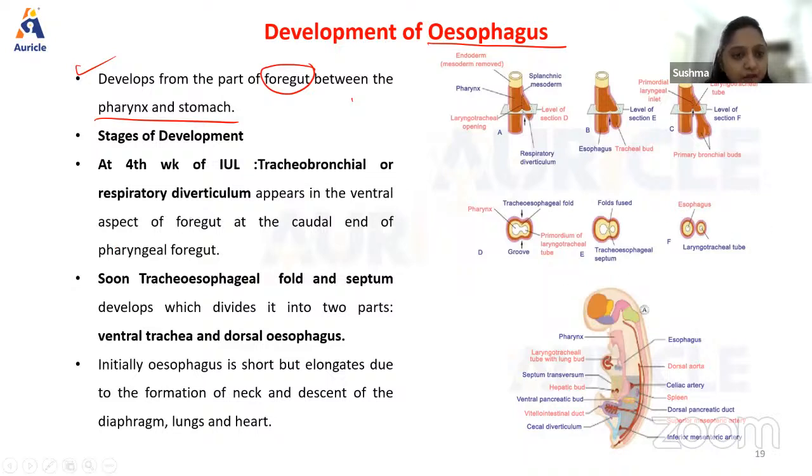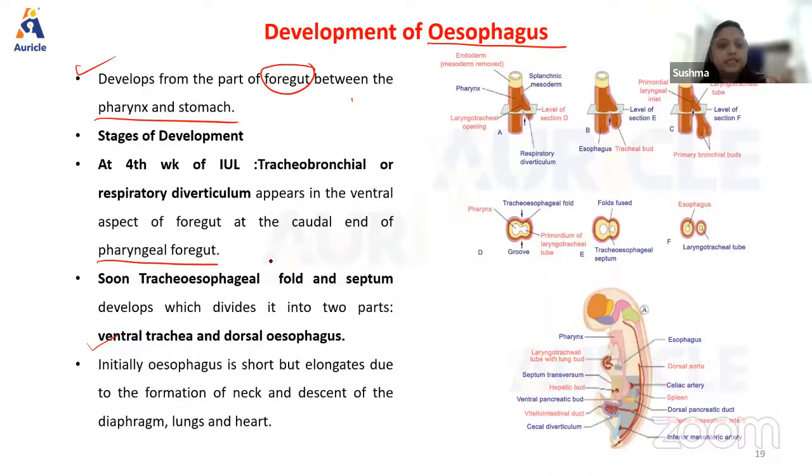Then, at the 4th week of intrauterine life, the tracheobronchial or respiratory diverticulum appears in the caudal end of the pharyngeal foregut. It appears in the caudal end of the pharyngeal foregut. Soon after, what happens? This tracheoesophageal fold and septum develops that divides it into ventral trachea and dorsal esophagus.